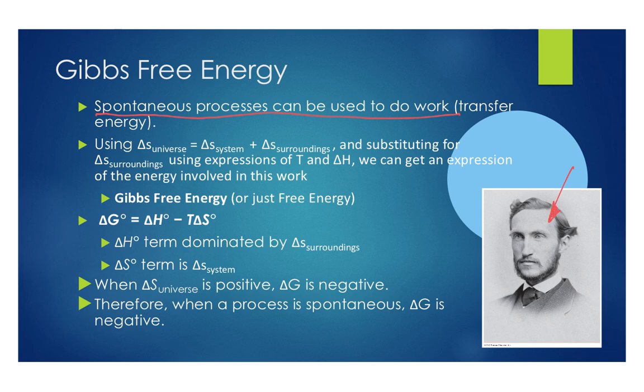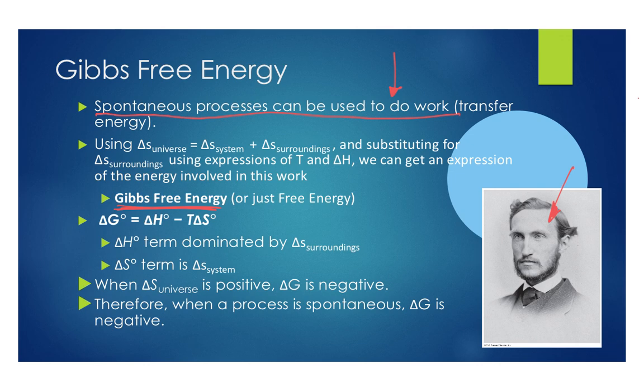Well, Josiah Gibbs comes along and he says, I've been doing some fancy math and I think I've come up with an equation that's going to help us understand how much energy can be used to do work, or how much energy is transferred in a particular process. And that energy that can be used to do that work is now known as Gibbs free energy.